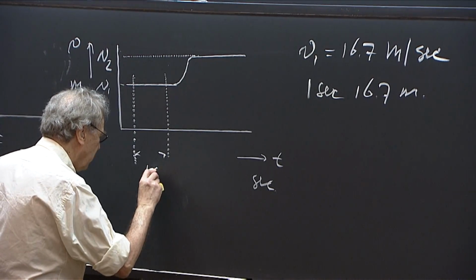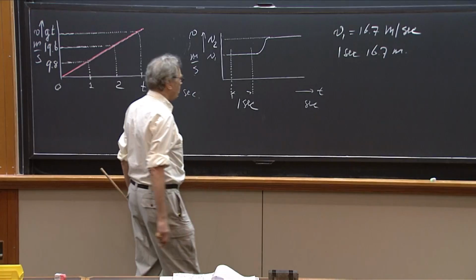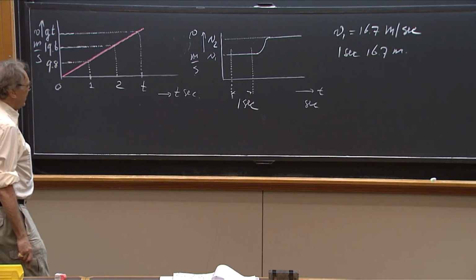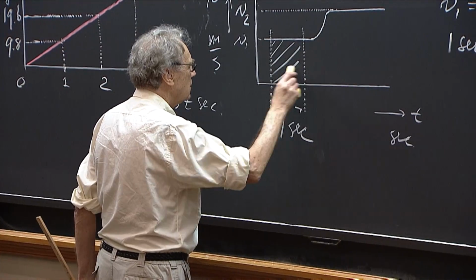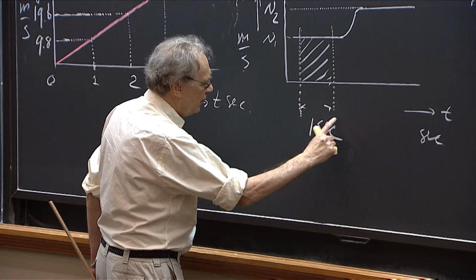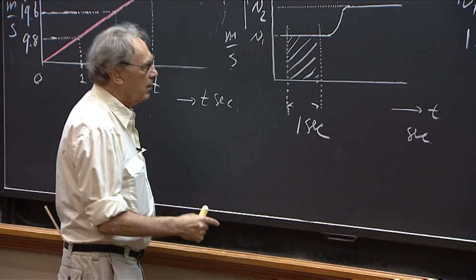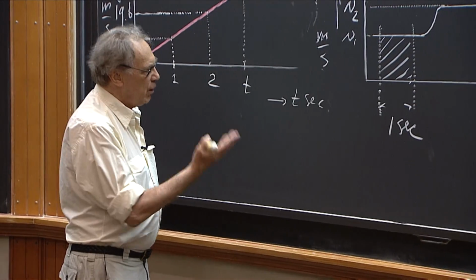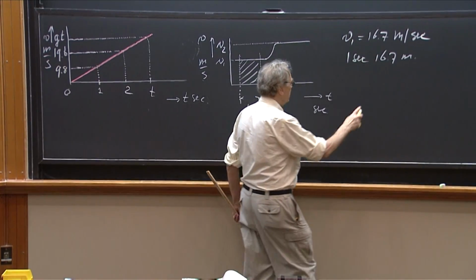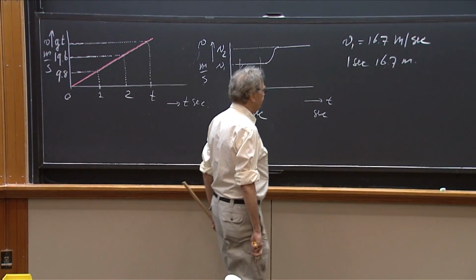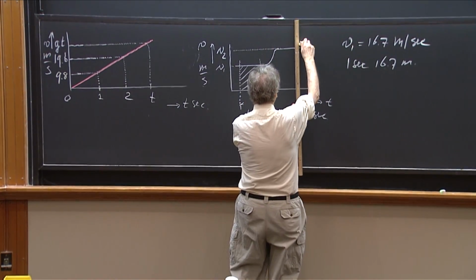And they take 1 second. And they say the area of this rectangle is 1 times v1. So the object moves v1 meters. This is v1.